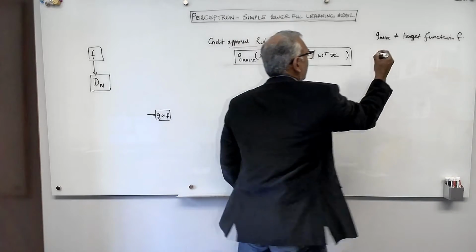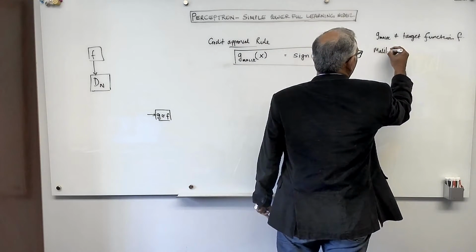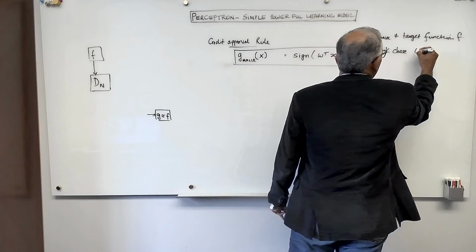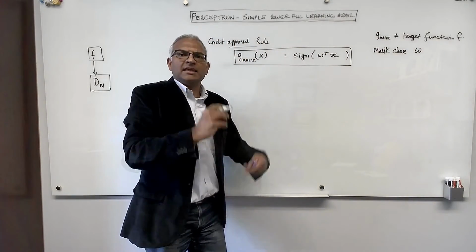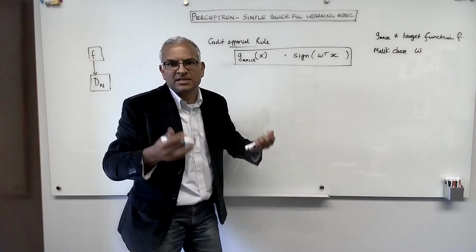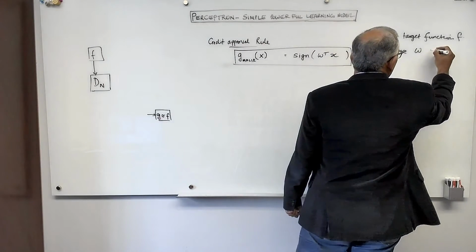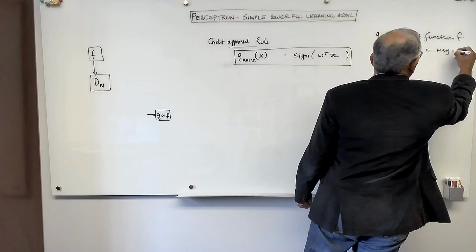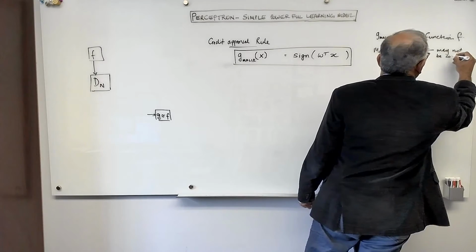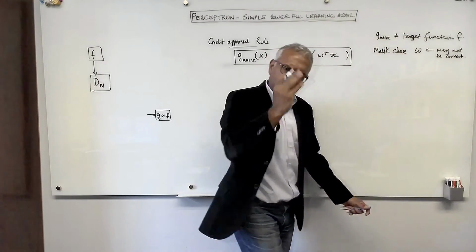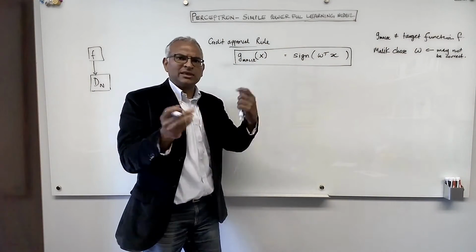So Malik chose w, and they may not be the right weights. He made a mistake, and so it may not be correct. That's not a big deal. Maybe we can change the weights.